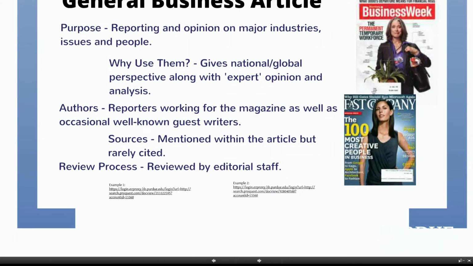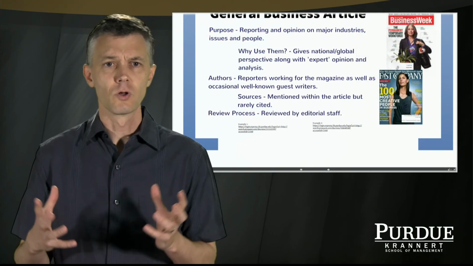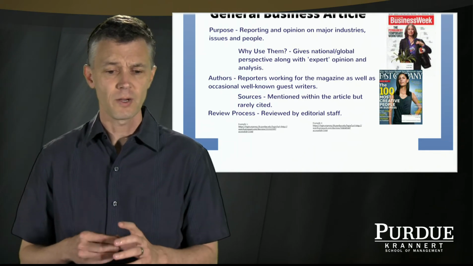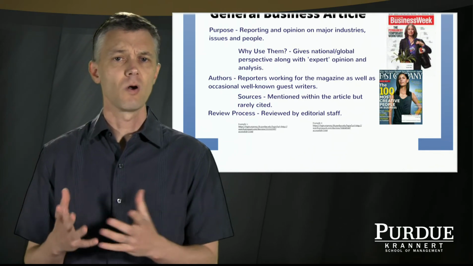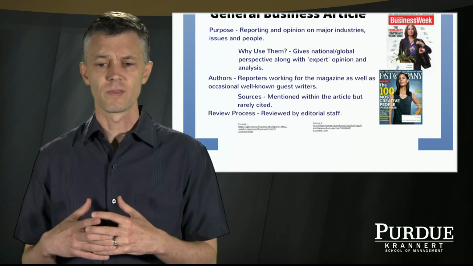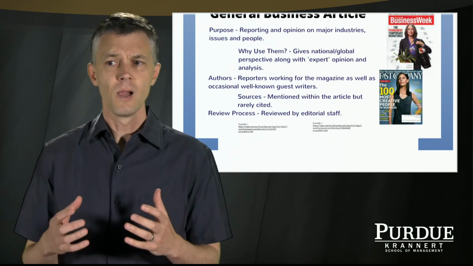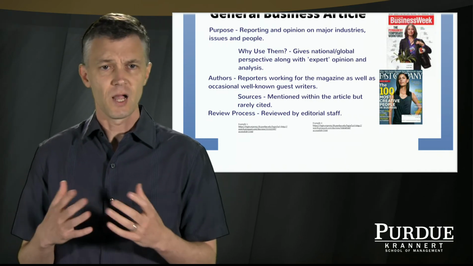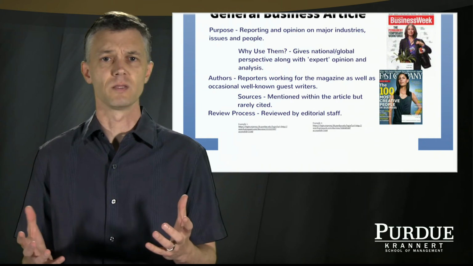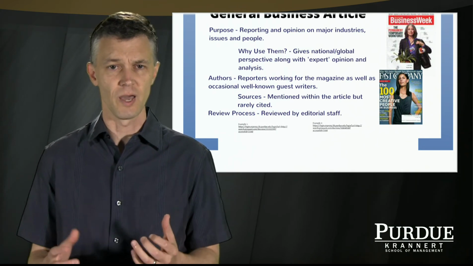These can give you a very national, global perspective. To go back to the Coca-Cola comparison here, they may cover Coca-Cola because of what they've done with flavored carbonated beverages. However, they might not cover that topic again for 3, 4, 5, 6 months because it's not a big news item to them anymore.